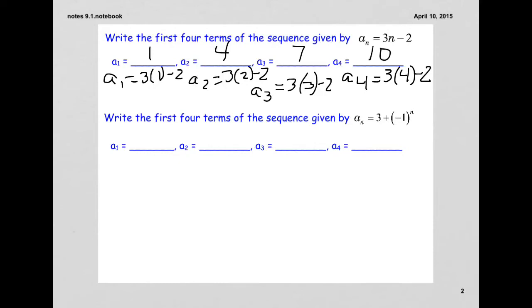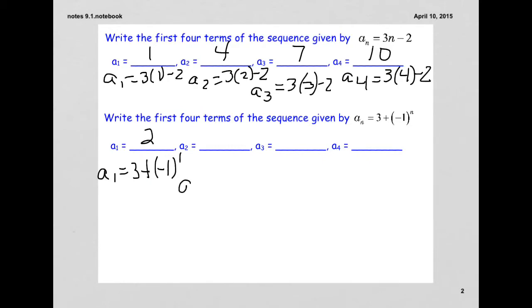Okay, now we want to do the first four terms of the sequence given by a sub n is equal to 3 plus negative 1 to the n power. So this time the numbers are going to go in as an exponent. So a sub 1 equals 3 plus negative 1 to the first power, and that's going to be 2.